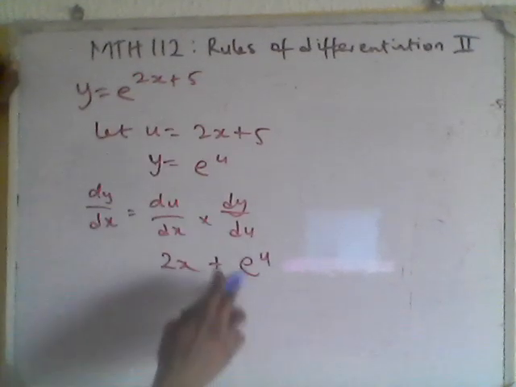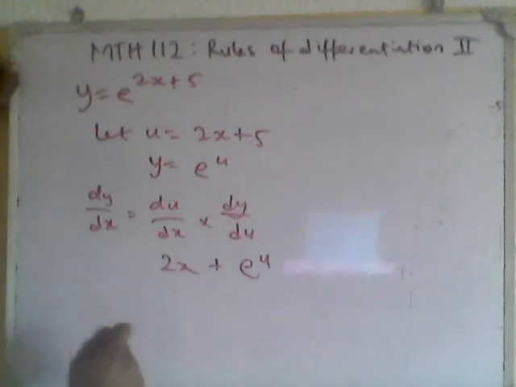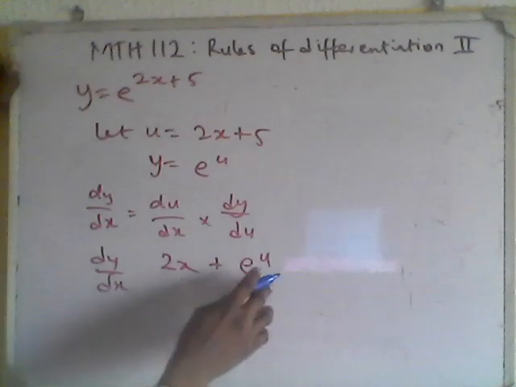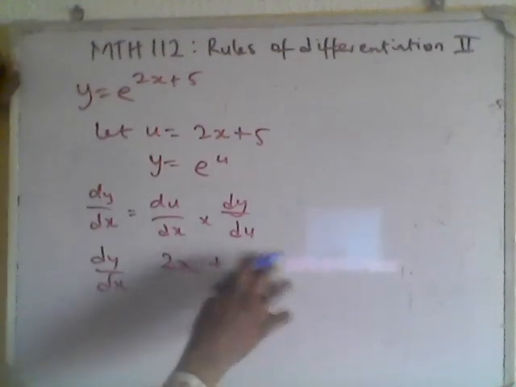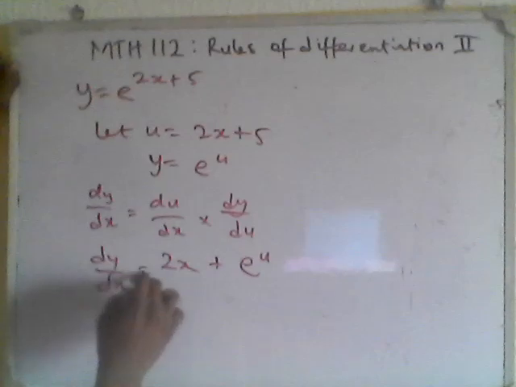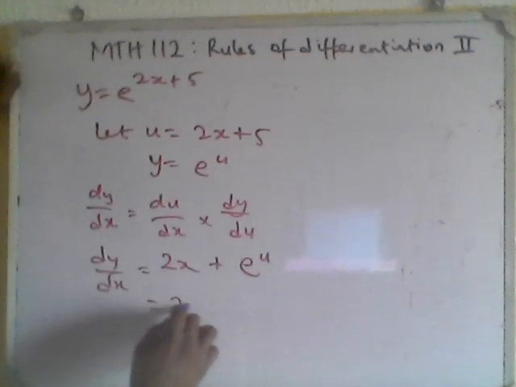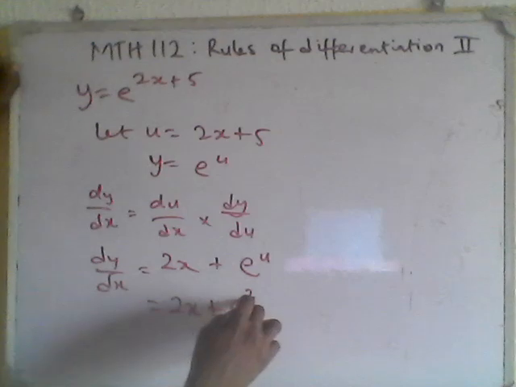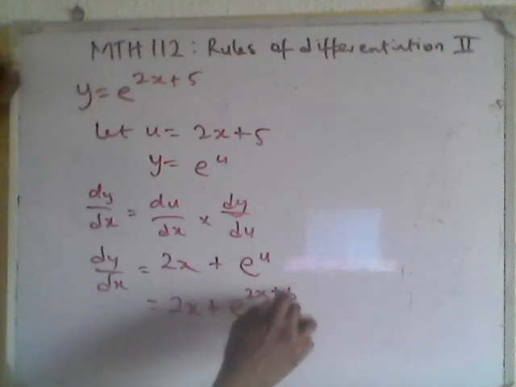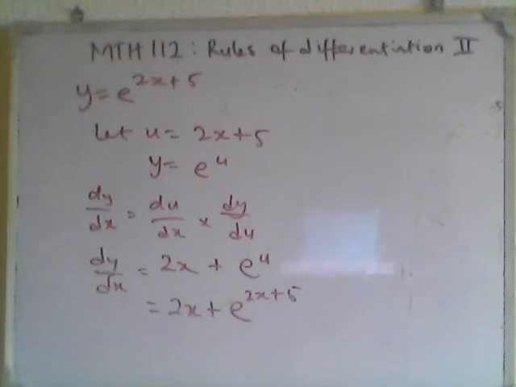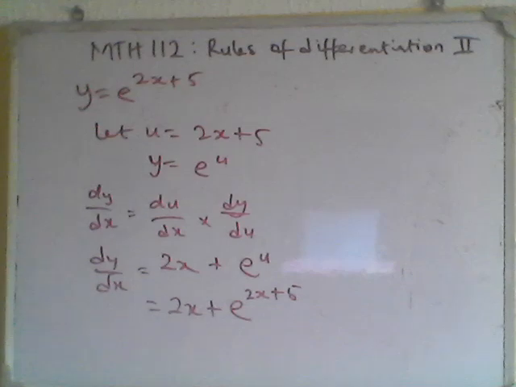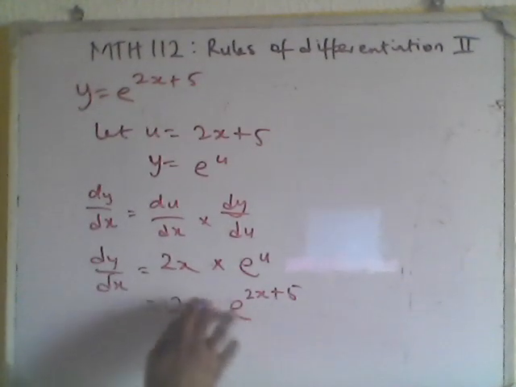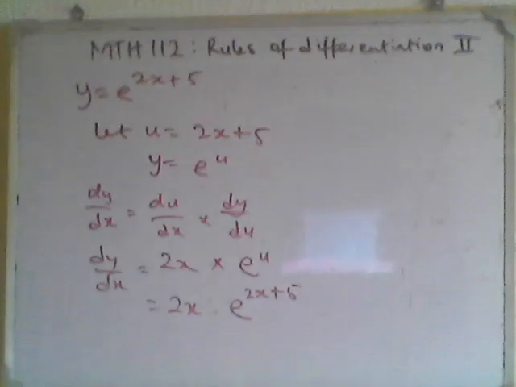So 1 will multiply, but this is how it is. So I will now reintroduce my u, because my answer should not be having u. So this is exponential 2x plus 5. This is not a plus, so say times.